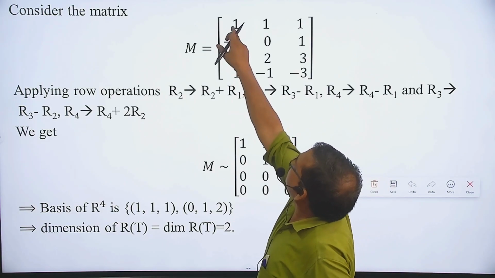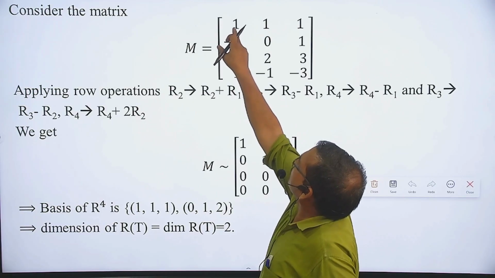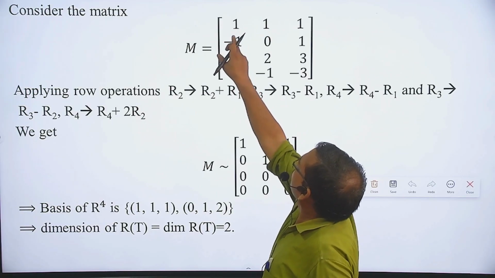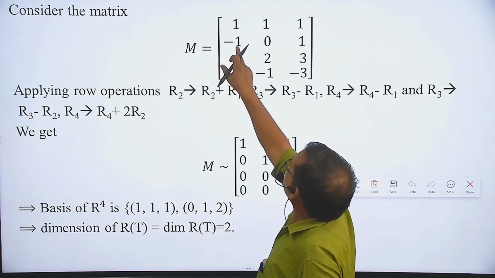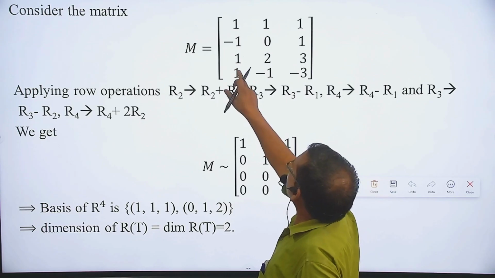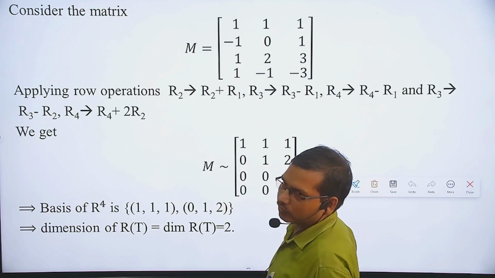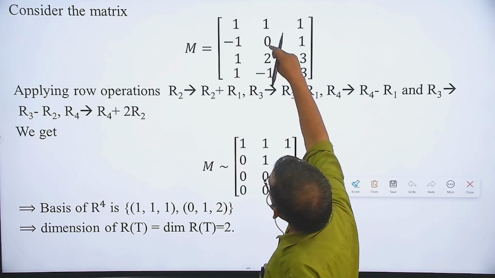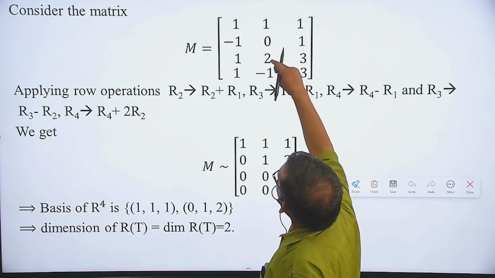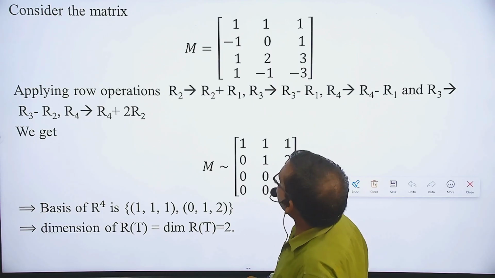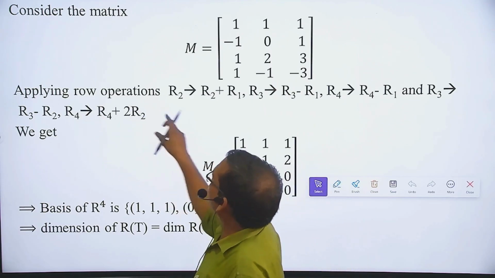Taking the first element in the first column, we try to make the entries below it 0, so we apply row operations.